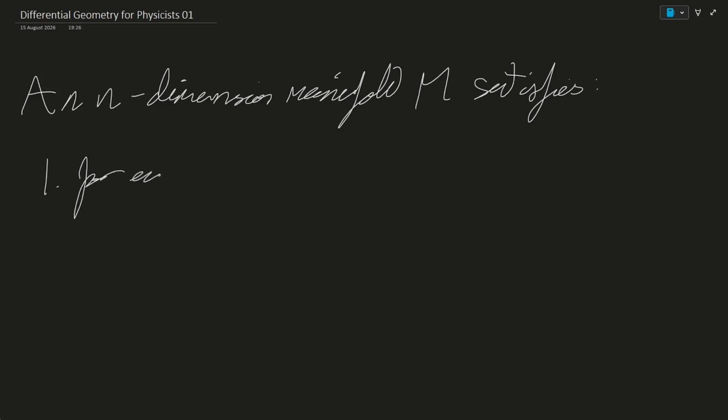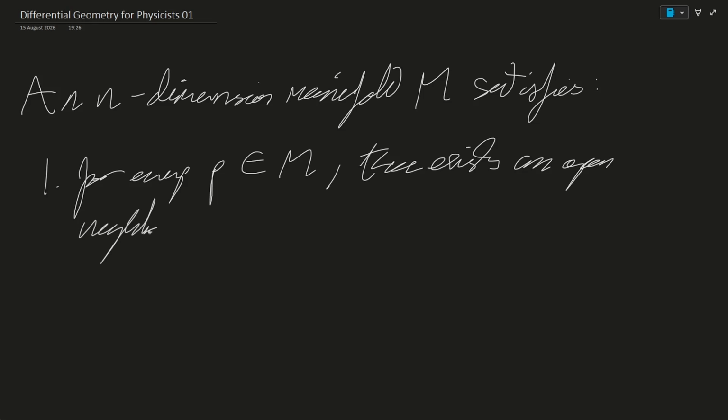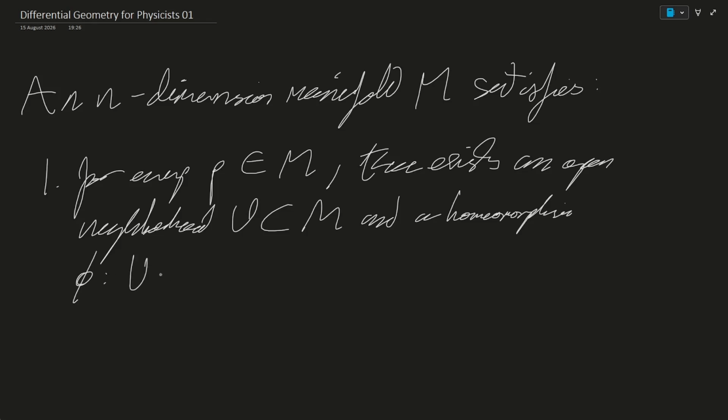So for every P in M, there exists an open neighborhood U subset of M and a homeomorphism phi, which takes U to V subsets of Rn, or essentially a continuous bijection with a continuous inverse.